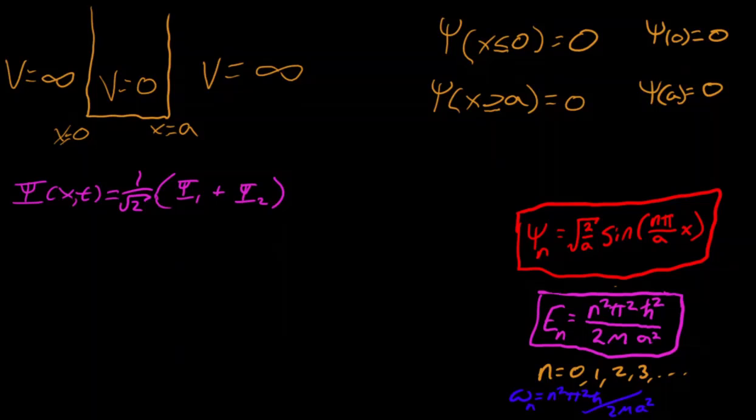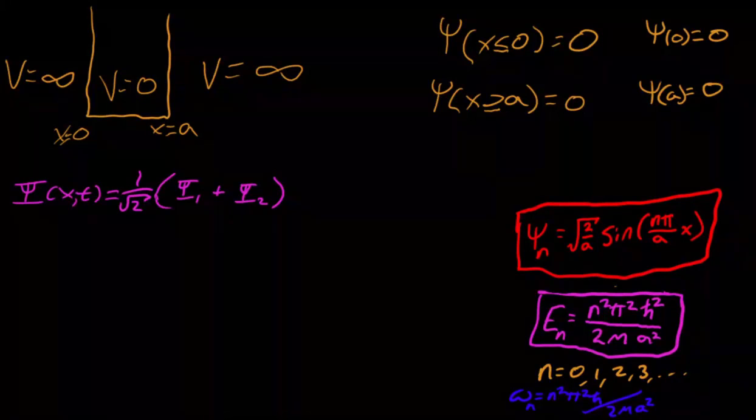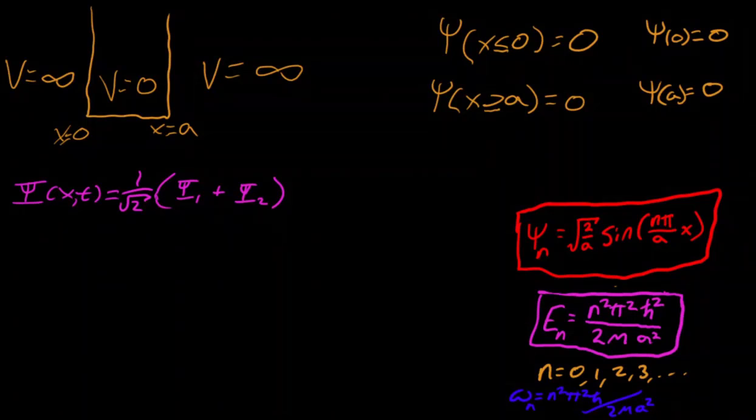And it turns out we're actually going to get an interference term. That's sort of where this whole wave-particle duality fits in. We'll have some kind of interference term where we'll have a psi1, psi2 term.